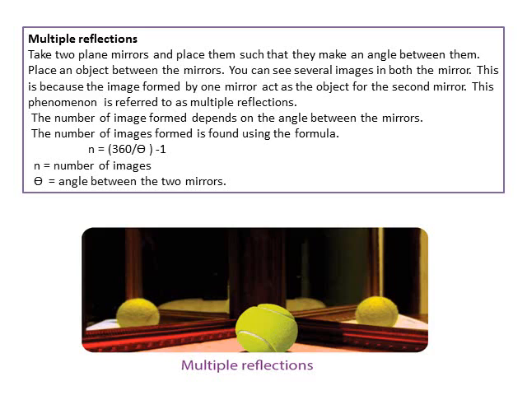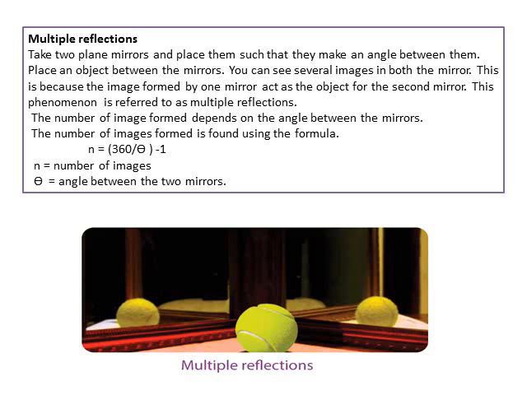This phenomenon is referred to as multiple reflection. So when the plane mirrors are inclined or placed together with an angle, they form multiple images, and this is called multiple reflection. Now can we tell how many number of images are being formed?